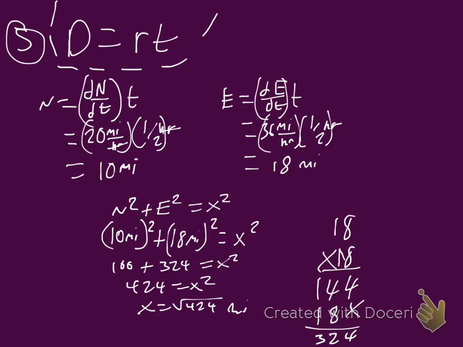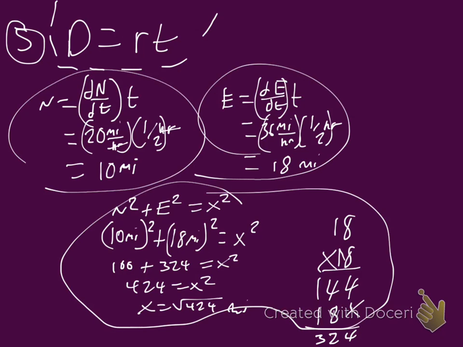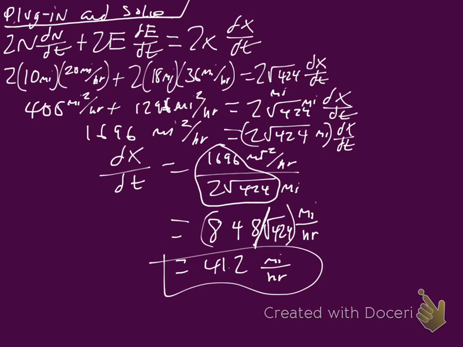Step five was let's actually plug in some numbers and solve for the variable in question. Although we had to do a little bit of distance equals rate times time before we could actually get to the plugging in and solving. Okay, there you go. More related rates videos to come, hopefully.